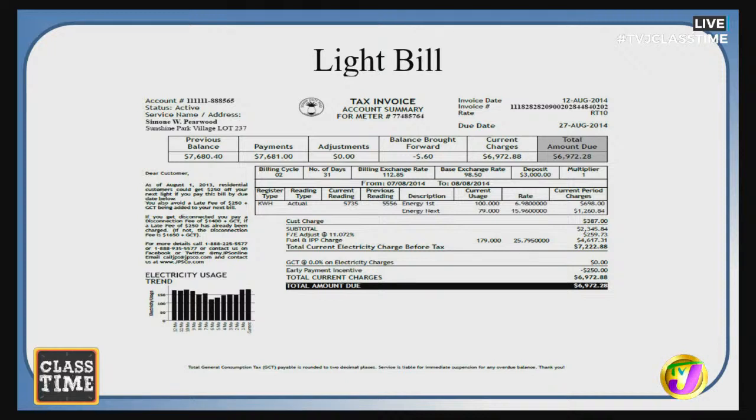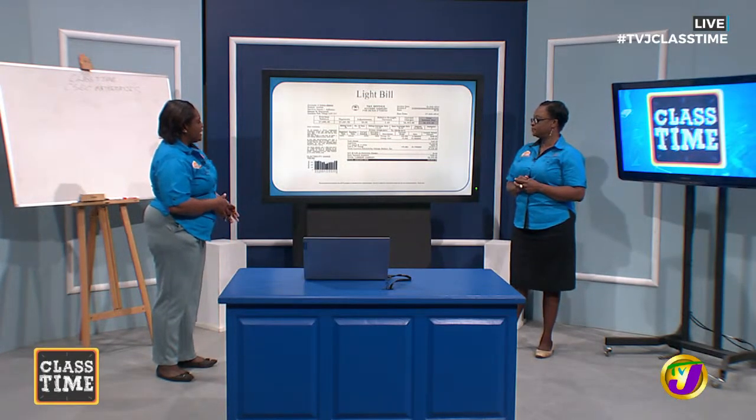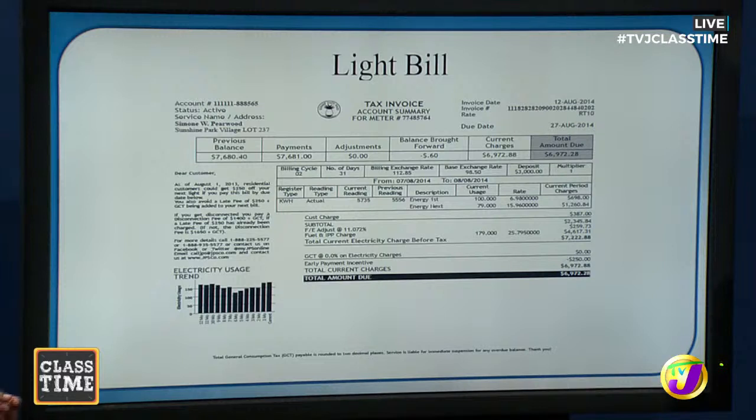But we're just going to skip to the current reading and previous reading, which will give us the amount of units we would have used over the period.